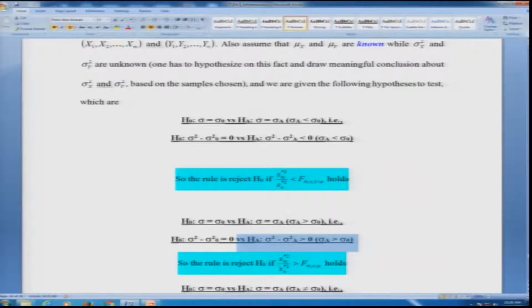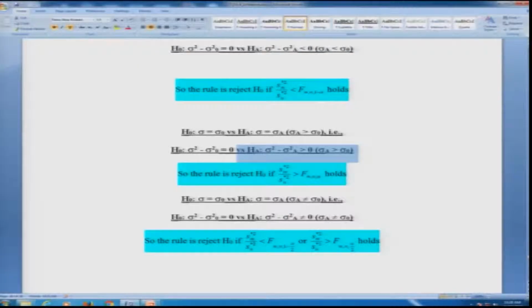In that case you will reject H naught if the ratio of sample variance of population 1 and population 2 is greater than F suffix m comma n comma alpha, because you know the right hand side. If the null hypothesis remains the same and the alternative hypothesis is not equal to, that means the difference is not equal to 0, or the ratio of the variances of population 1 and population 2, replaced with the sample variances, is not equal to 1, then you will reject H naught if either of these two conditions is true.